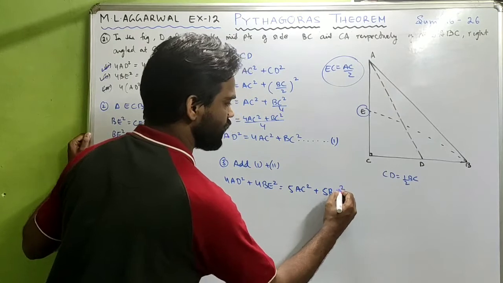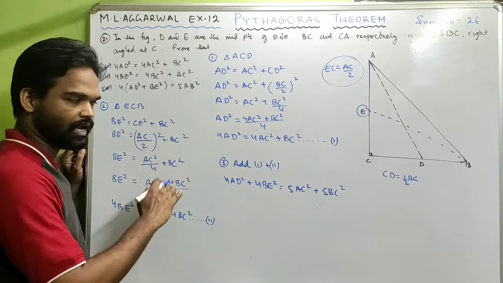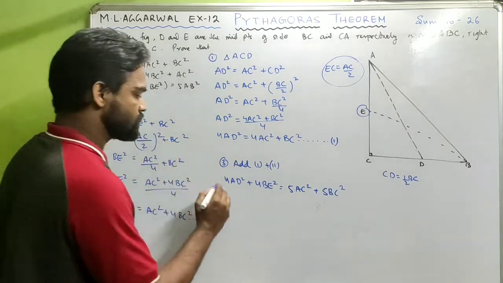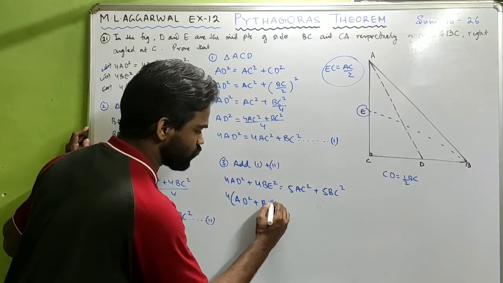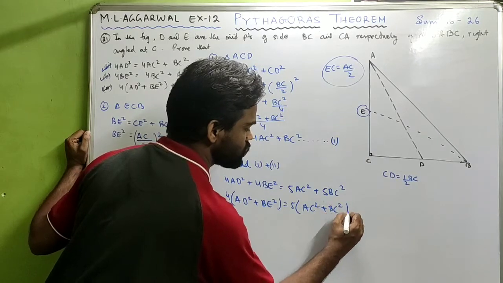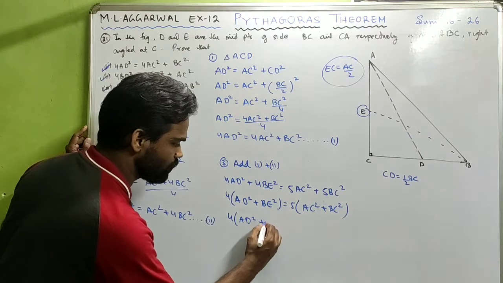If you add equation 1 and equation 2, the left hand side is added to the left hand side and the right hand side to the right hand side. So we'll get 4 bracket AD square plus BE square is equal to 5 times AC square plus BC square.